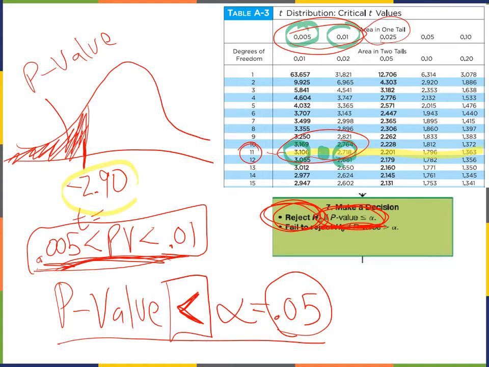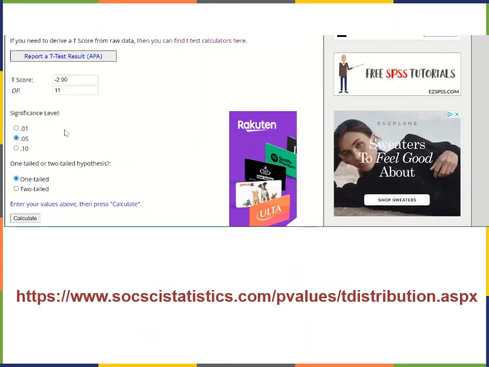Okay? Now there's one more way to calculate the p-value without using this table, and that's to use an online calculator. So if you use an online calculator, what you can do is you can plug in your test statistic and it'll tell you your p-value right away. So with this website, it's very simple. You put in your t-score, you put in your degrees of freedom.